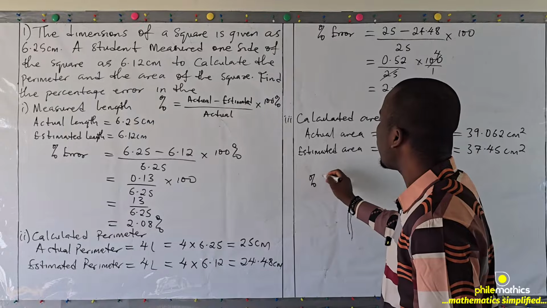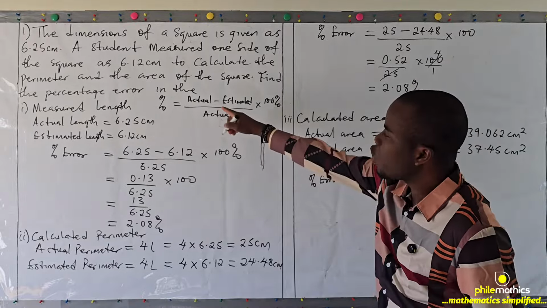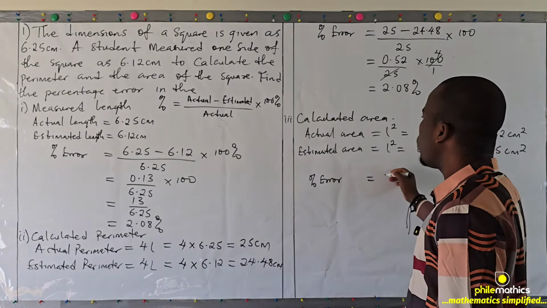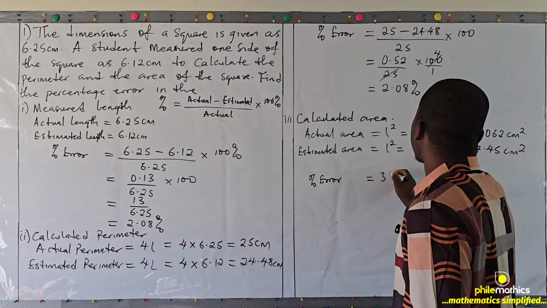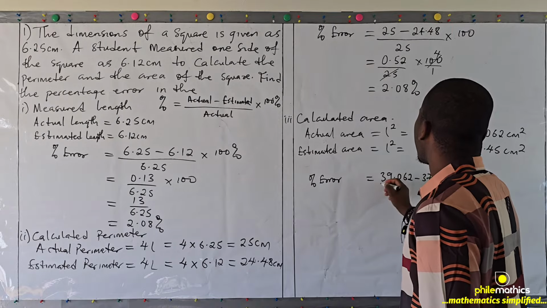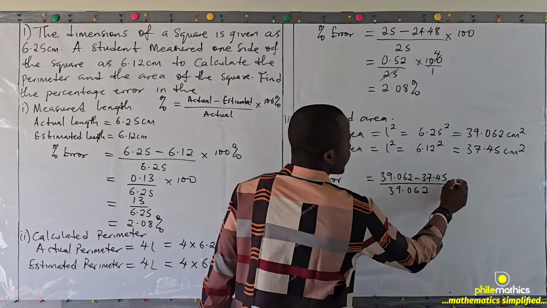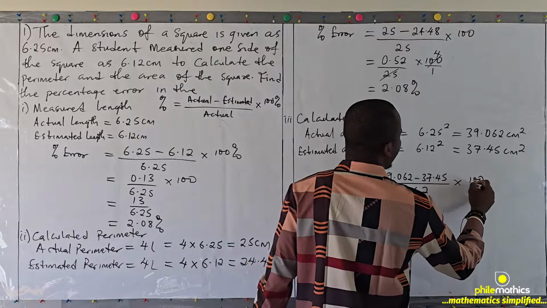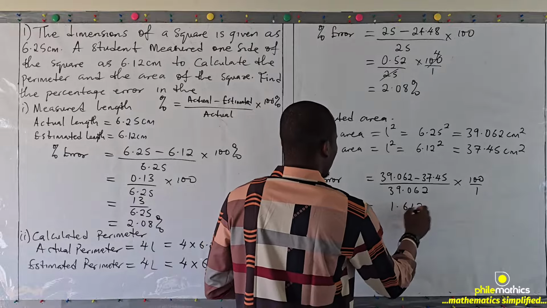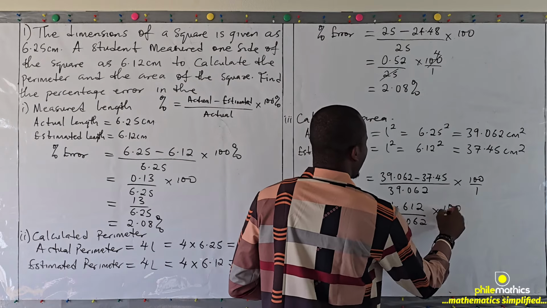Now, the percentage error in the area will still be the actual area minus the estimated area over the actual area times 100%, which is 39.062 minus 37.45 over 39.062 times 100 over 1. To subtract this, we'll get 1.612 over 39.062 times 100 over 1.